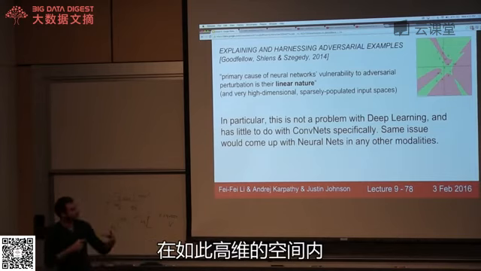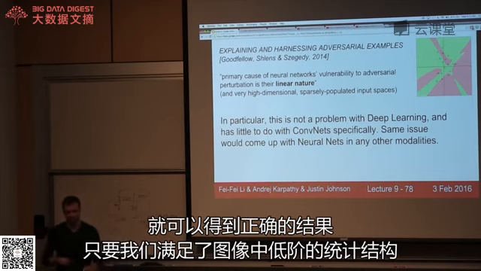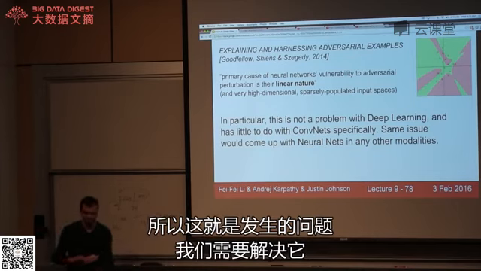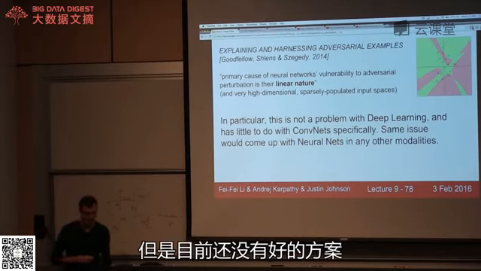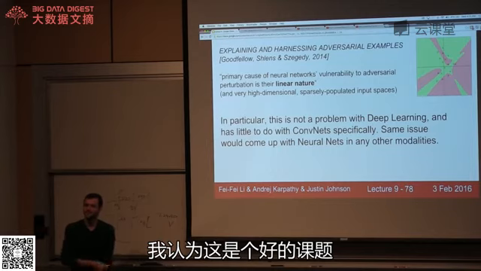In these high dimensional spaces, we can get precisely the correct direction, make small steps in it, and get to arbitrary results once we meddle with the low-level statistical structure of those images. That's what's going on, and we need to find a way to fix it. Right now, there aren't very good answers, I think, but it's an area of research.